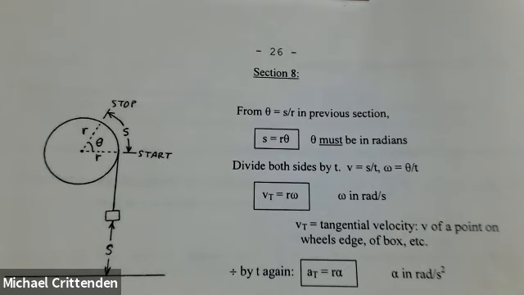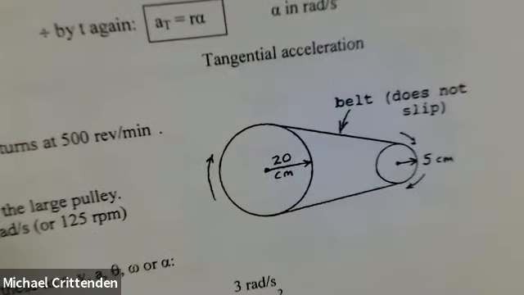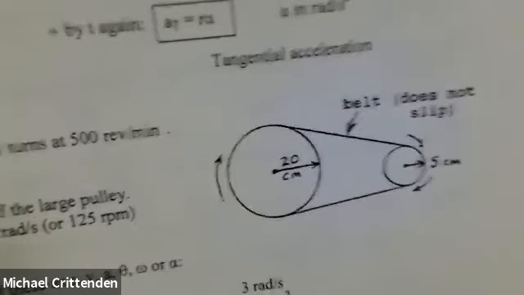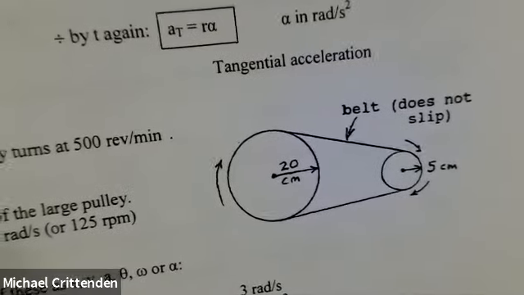So for example, the example that's a little further down the page here, you've got a belt drive, like the serpentine belt on a car, or belts are used in a number of other places. This could be the chain on a bicycle.